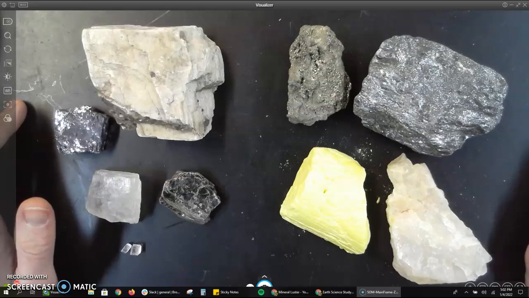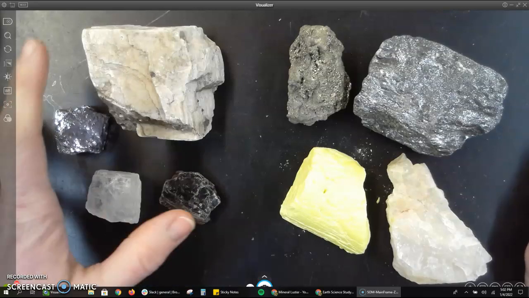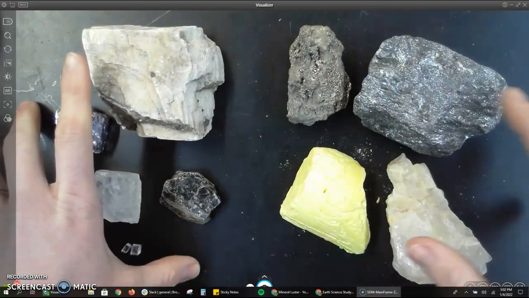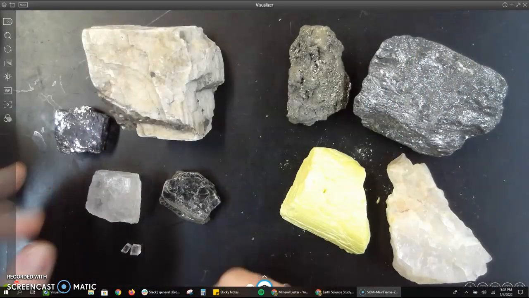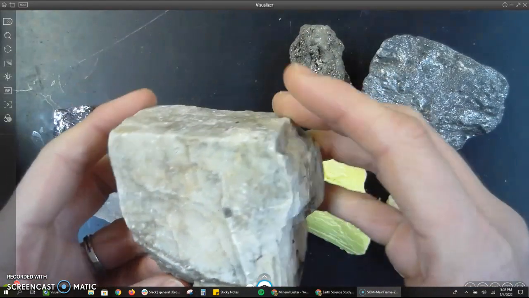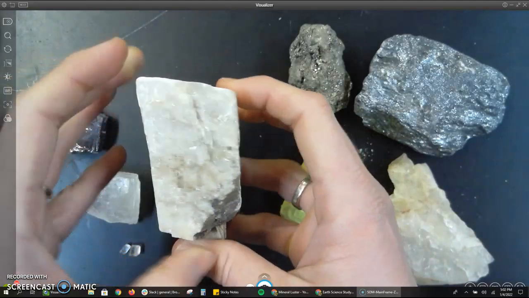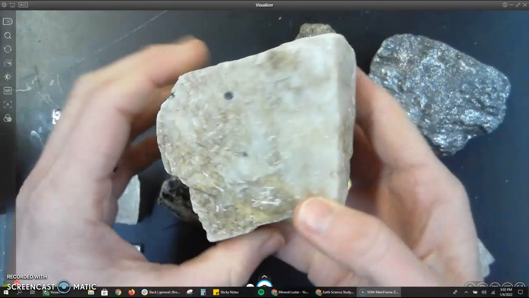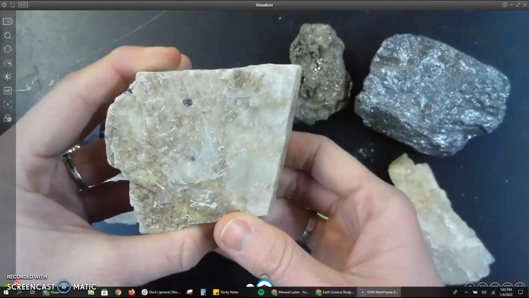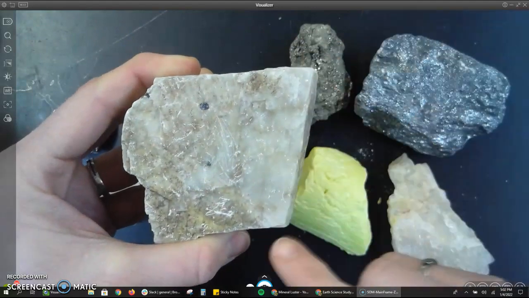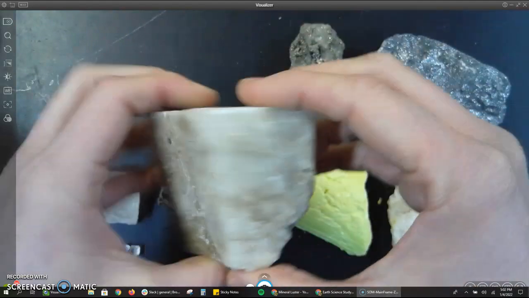So first, we're going to look at some minerals that have cleavage, and then look at how ones that have fracture are different from those. When you're looking to tell if a mineral cleaves or has cleavage, you're looking for the kinds of shapes that you see in your geometry class, for instance. So when I look at this mineral here, this looks like a very straight cut edge, okay?